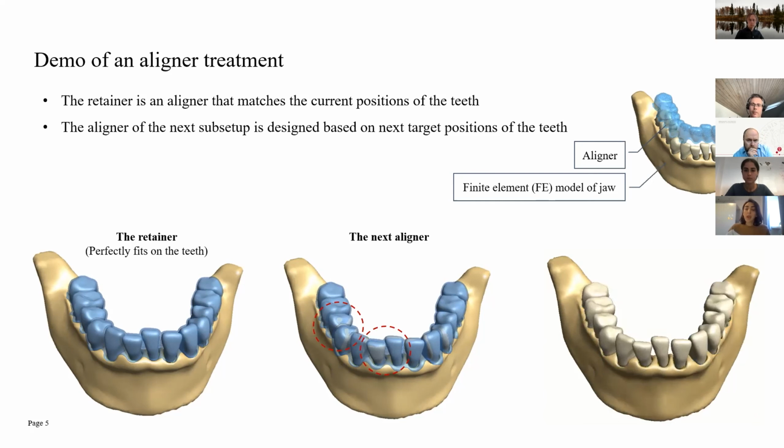And if we hide the aligner, we can see how the teeth are moving in the simulation. Mainly, it is important to know whether the movement of the teeth has efficiently occurred, or whether we could achieve our plans.